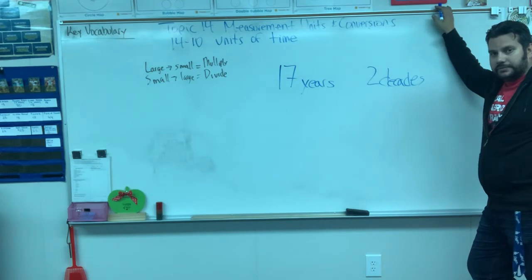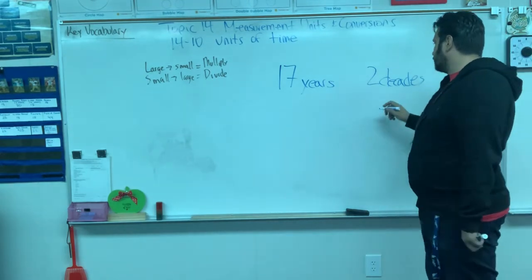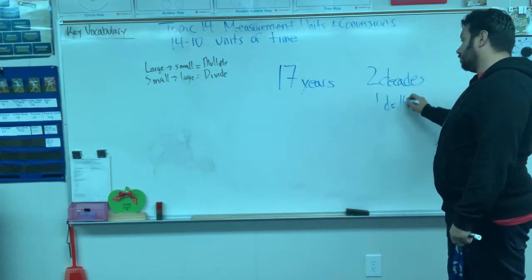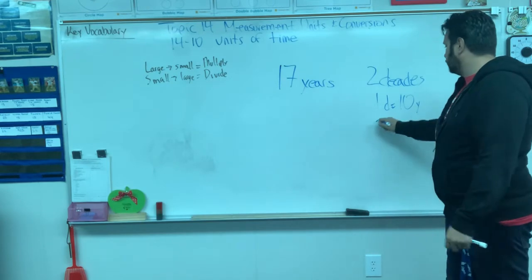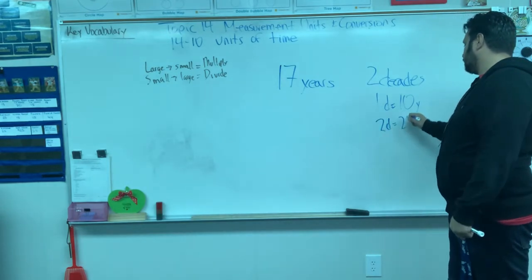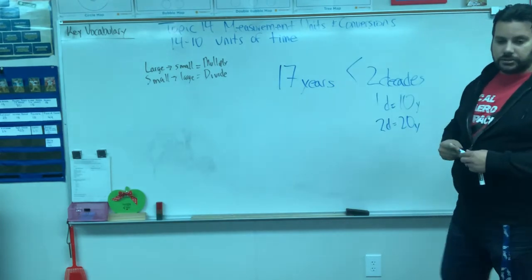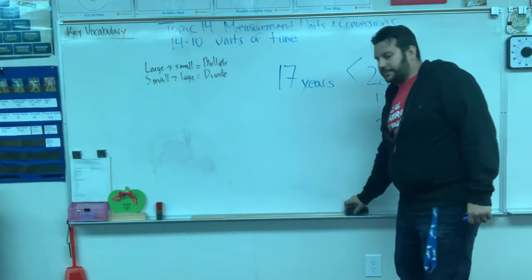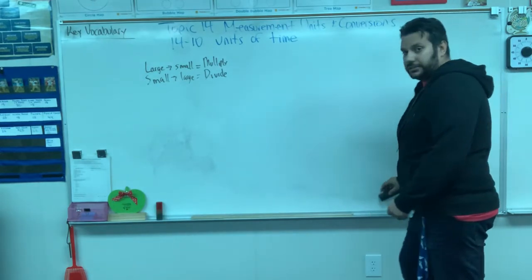Good. 1 decade equals 10 years. So 2 decades is going to be 20 years. 2D equals 20Y. 2 decades is greater. All right, fine. Maybe it wasn't as challenging as I thought.